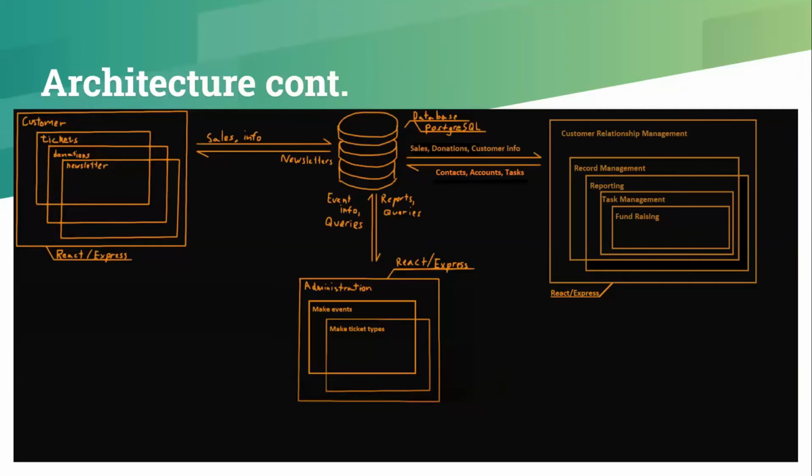Whenever a future Capstone team gets to making fundraising, you're going to be able to build out from what we already have built here in this Capstone, from reporting, for example. And all of the front ends are the same. They use React and Express to fuel them.